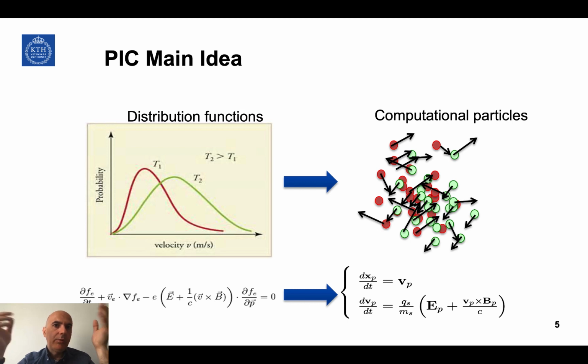How do we do this? Well, we assume, for instance, that we have a given initial distribution function, which can be a Maxwellian or a Gaussian, and then we sample with random number generators some particles with a velocity that has a distribution that is this Gaussian.